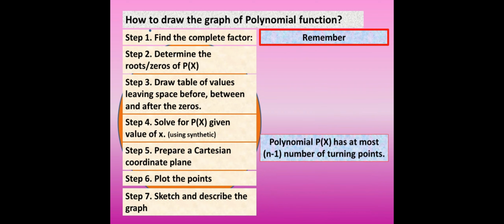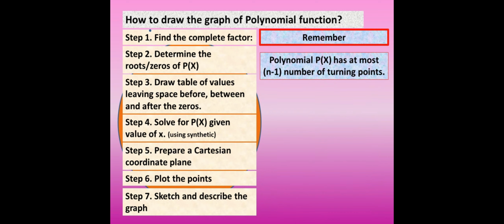We have to remember also that a polynomial p of x has at most n minus 1 turning points, where n refers to the degree of the polynomial. So if it is of the third degree, it has at most 2 turning points. What do we mean by at most?